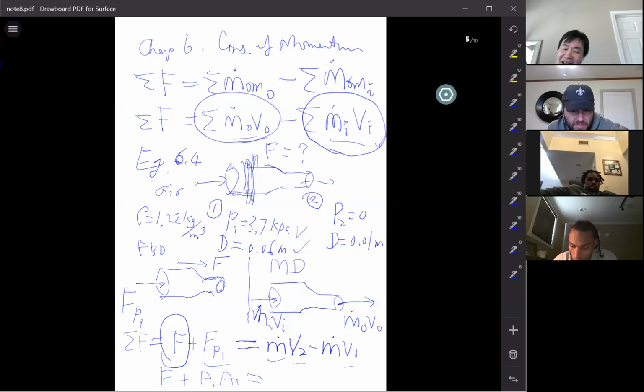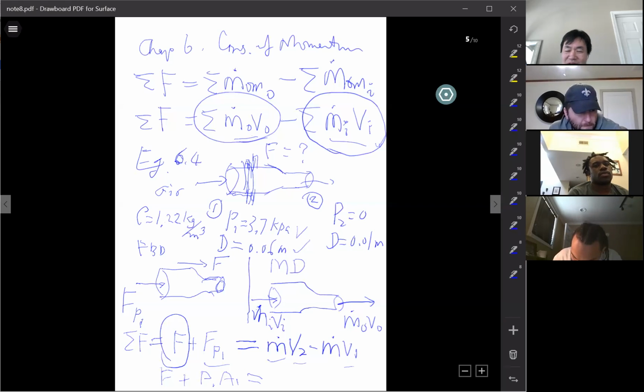Convert what you can and see what's left. The strategy is to try to find out the mass flow rate or velocity. Let's write out the mass flow rate. What's the equation for mass flow rate? Density times area times velocity.